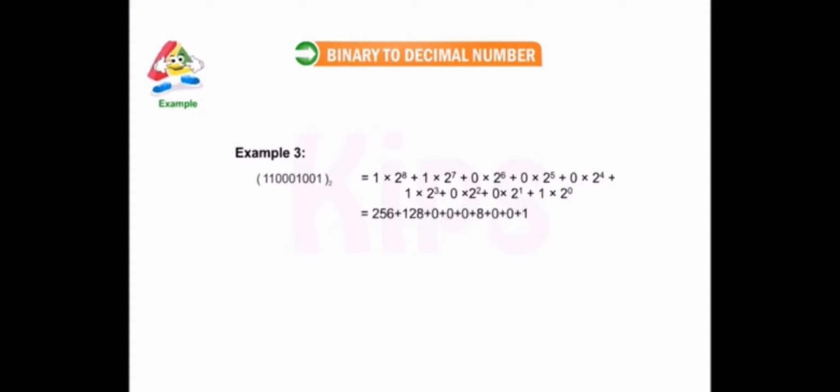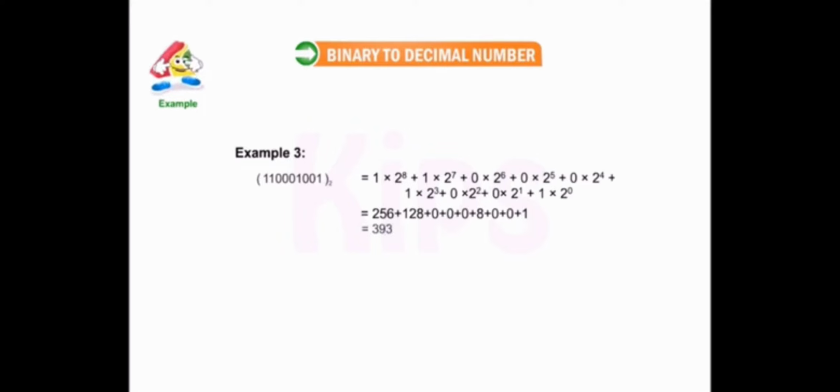Example 3. Convert 1100010001 in binary to decimal. 1 into 2 raised to power 8 plus 1 into 2 raised to power 7 plus 0 into 2 raised to power 6 plus 0 into 2 raised to power 5 plus 0 into 2 raised to power 4 plus 1 into 2 raised to power 3 plus 0 into 2 raised to power 2 plus 0 into 2 raised to power 1 plus 1 into 2 raised to power 0, which is equal to 256 plus 128 plus 0 plus 0 plus 0 plus 8 plus 0 plus 0 plus 1.